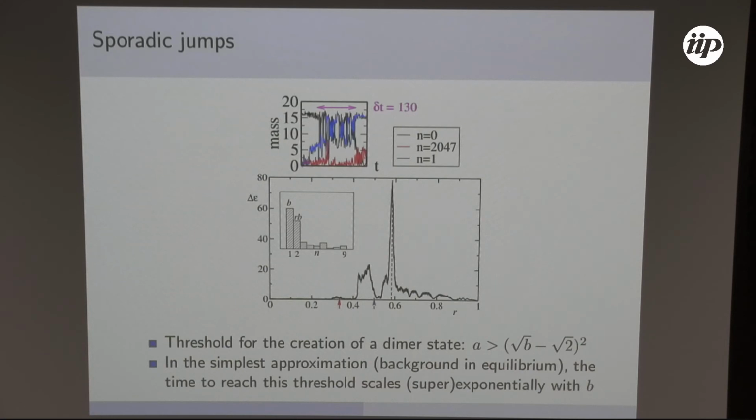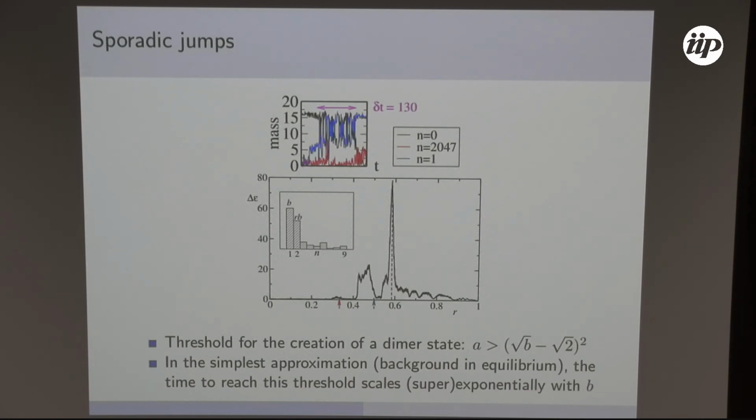And so this tells you that again, these sporadic jumps correspond to rare events. Because if you imagine to fix your breather mass quite high, your background needs to display a rare giant fluctuation in order to create this bound state.